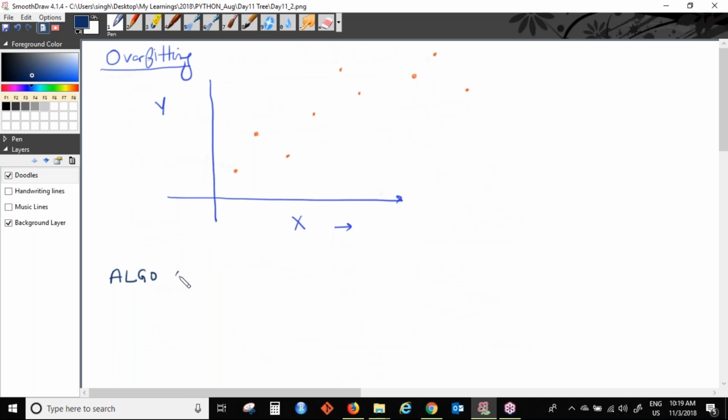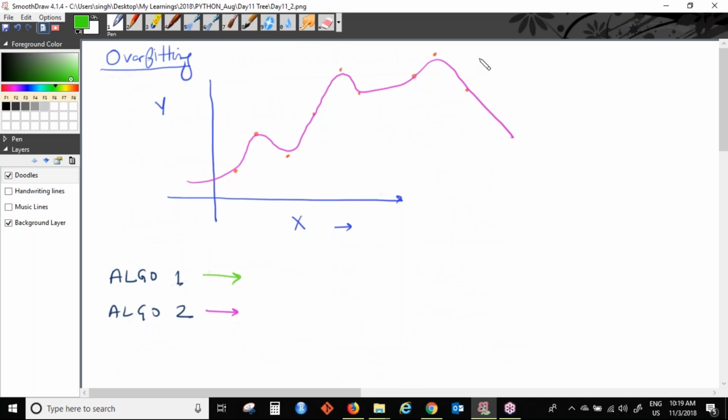This is, let's say, algo 1 and this is algorithm 2. So algo 1 is this green one, algo 2 is this pink one, let's say. Okay, so that's the graph of algo 2.